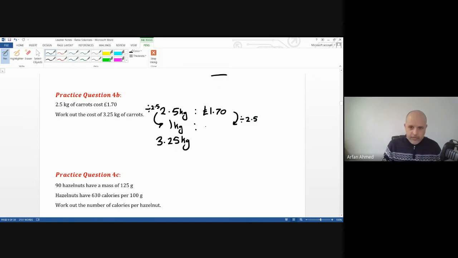That's 0.68. Okay. So to get from 1 kilogram to 3.25 kilograms, you're going to have to times it by 3.25. Yep, let's multiply this side by 3.25. We get £2.21.